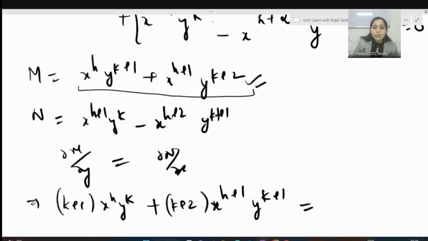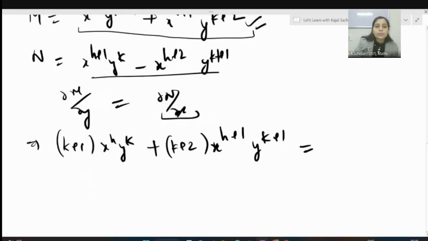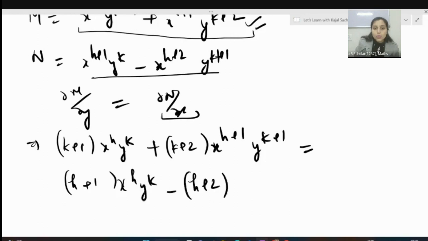This is equal to the derivative of N with respect to x, which gives (h+1) x^h y^k − (h+2) x^(h+1) y^(k+1).